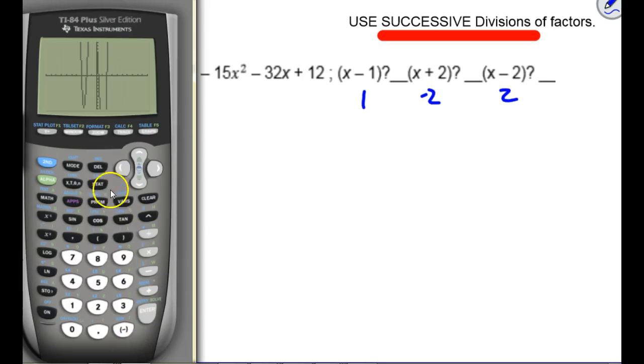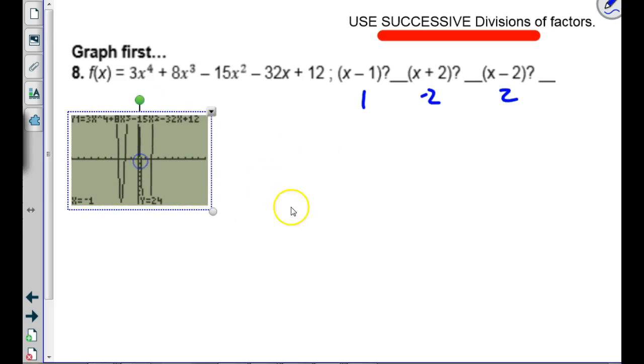So if I have this graph, I can do trace 1. Is it a 0? I got 1 is not a 0. Did you guys get 1 is not a 0? Then negative 2 is a 0 and positive 2 is a 0. Did anybody else get that? Okay, so the first one didn't work.